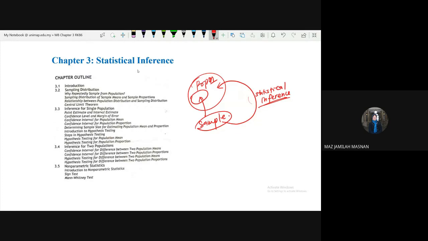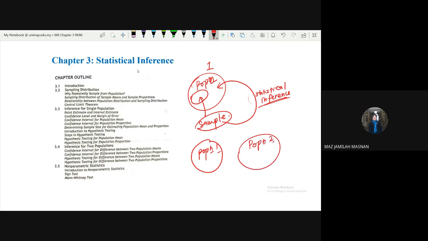When we do statistical inference, we will cater for what if we have only one population, like this one. And sometimes it could involve more populations, whereby we can have population 1 and we may have a second population.